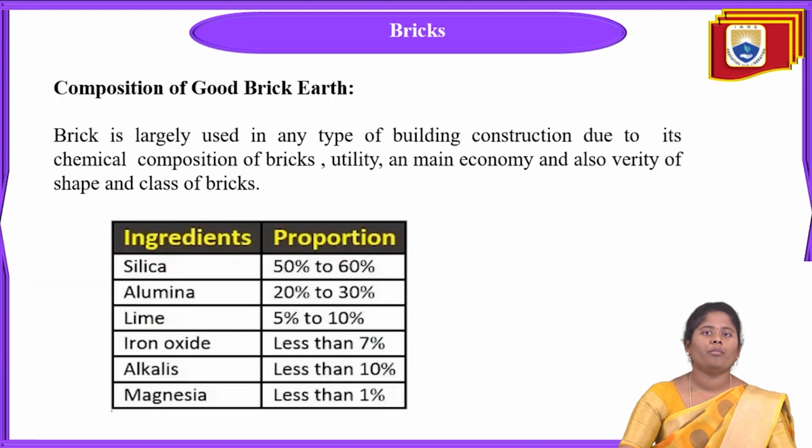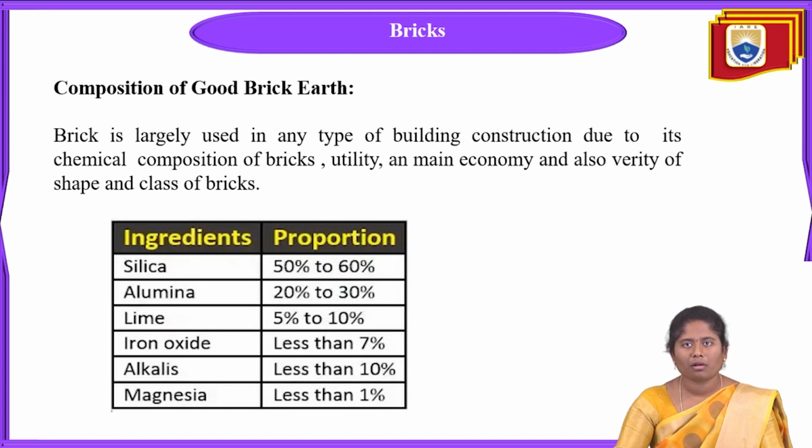Coming to the composition of good brick earth: if you compare with cement, cement has different types of chemical components. Likewise, in brick we also have different compositions, such as silica, alumina, and lime. These are the different chemical compositions we have in brick, and it is largely used in any type of construction due to its chemical composition.